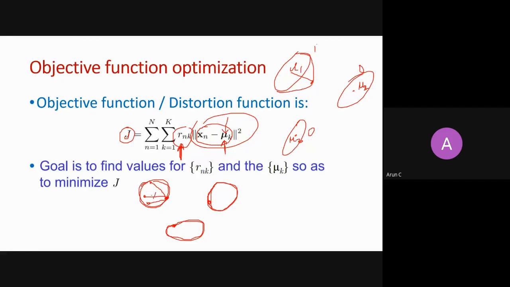Instead, you put your centroid here, at the center. I don't say centroid, it's a prototype element. Instead, you put this element mu k here, and then you calculate the distance. You will find that if this prototype element is at the center, then the cost function J will be minimized. It can be proved.